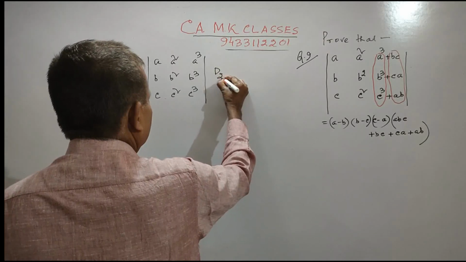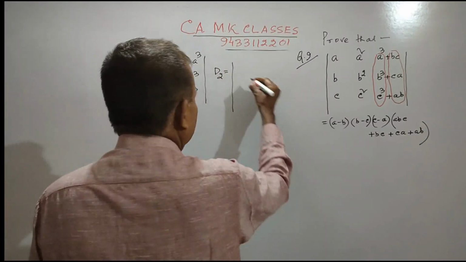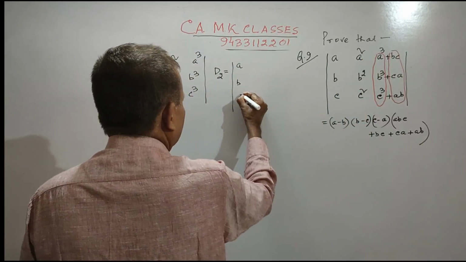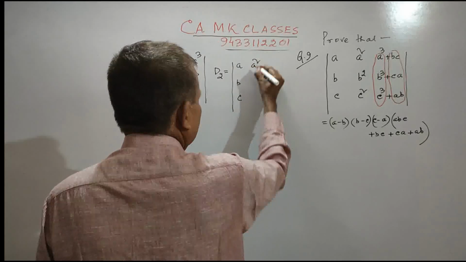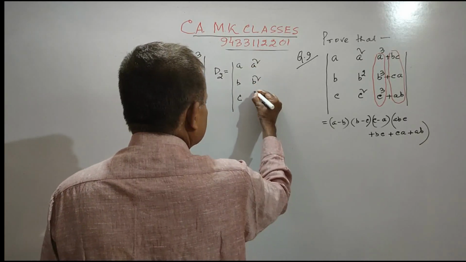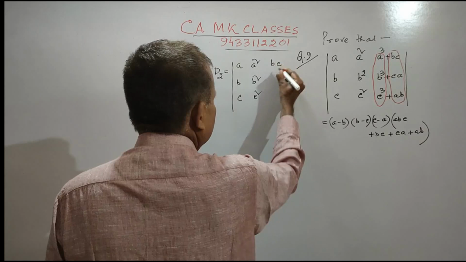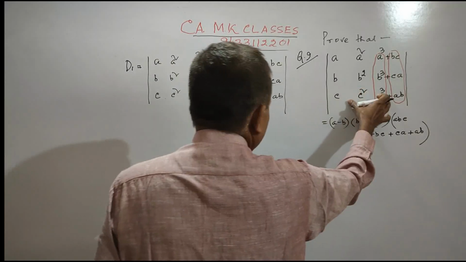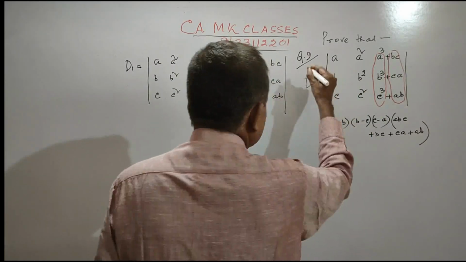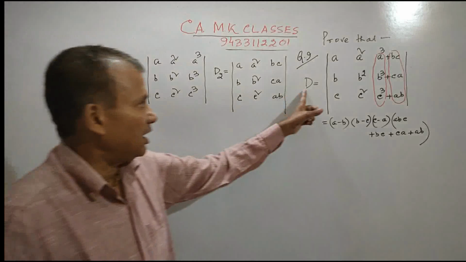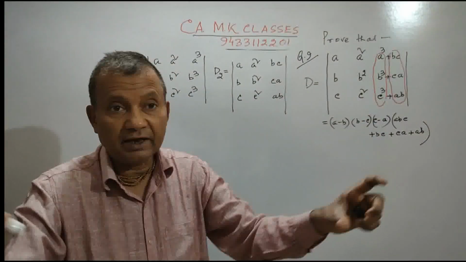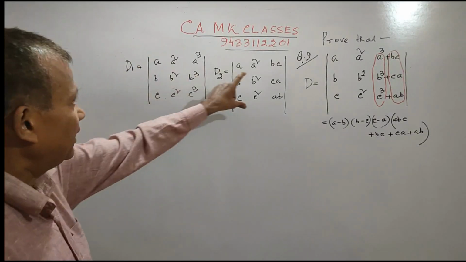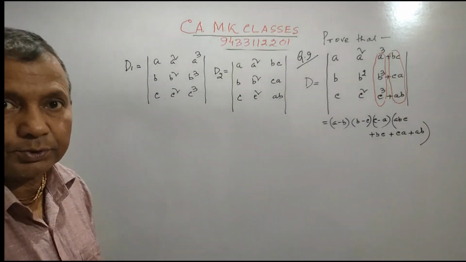And D2 is equal to, these two columns remain unchanged: a, b, c; a², b², c²; bc, ca, ab. So this determinant D can be divided into two determinants, one is D1, another one is D2.